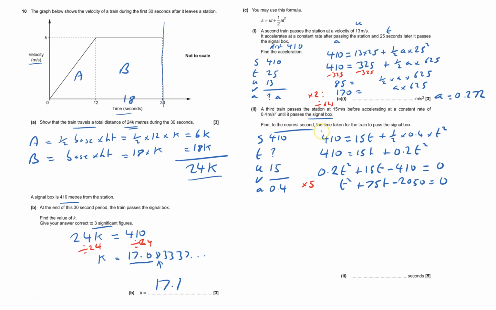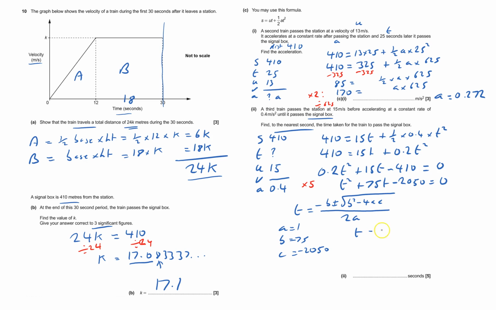And it says to the nearest second, so I'm expecting to have to use the formula. So I know my formula. It's normally x equals, but these are now t's. So it's minus b plus or minus the square root of b squared minus 4ac all over 2a. And a is 1, and b is 75, and c is minus 2050.